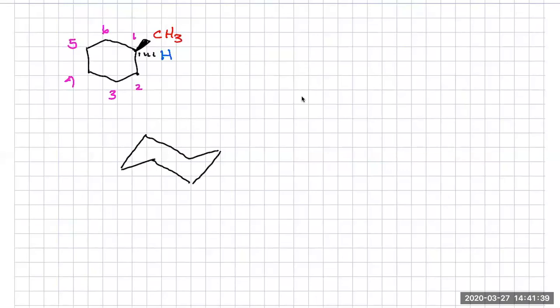So there's 1 chair conformation. There's another. If we notate where the headrest and leg rest are, now you can number your chair 1, 2, 3, 4, 5, 6, starting wherever you want.